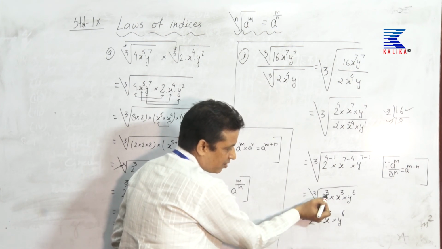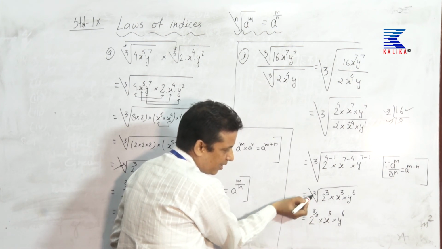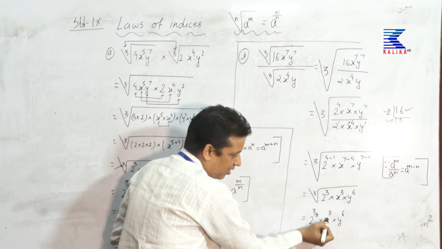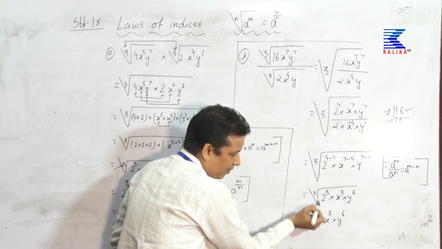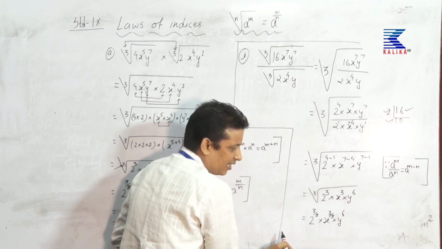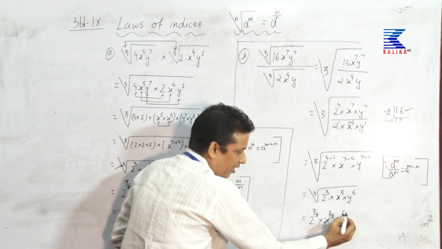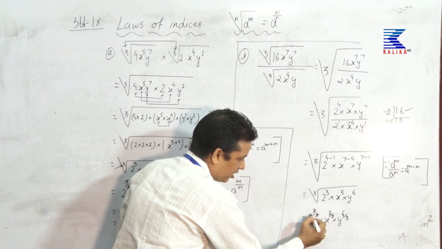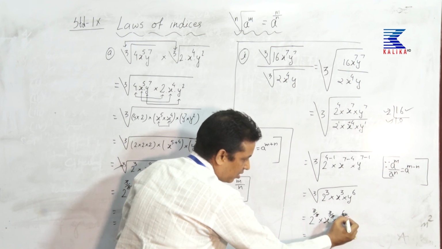2 to the power 3 is here. This 3 should be divided by this 3. X cube is here. This 3, x cube, this 3 should be divided by the order of the sword. Y to the power 6 is here. This 6 should be divided by the order of the sword. Now you can cut it. 3 cut it twice.